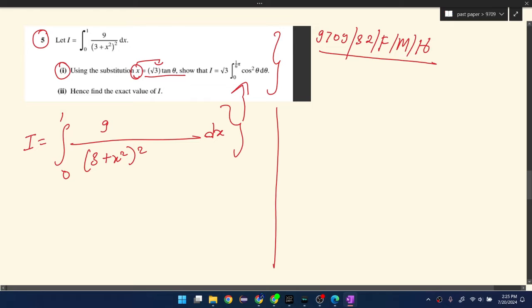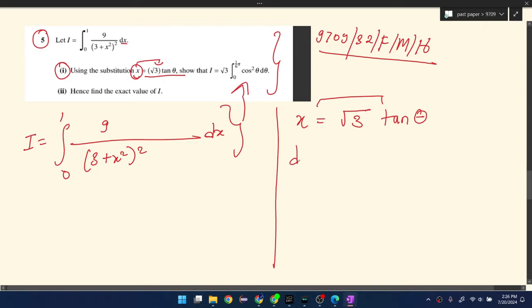So first of all, let's write x is equal to root 3 tan theta. Now, if we are substituting x as something with theta, we have to substitute dx with d theta too. To find that, we can differentiate both sides.